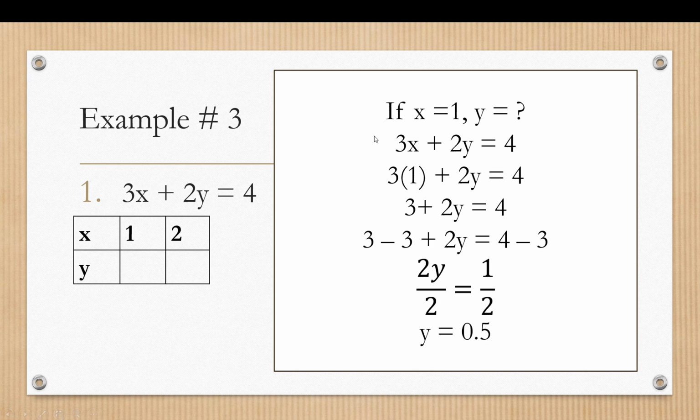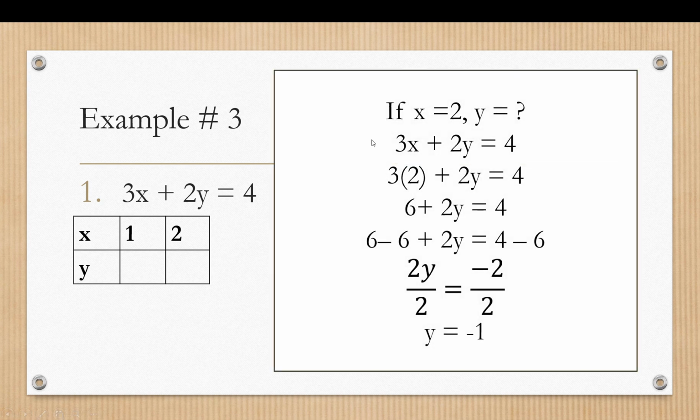Now let's find the other value. What if x = 2? We will have the equation 3 multiplied by 2 plus 2y = 4. 6 + 2y = 4. Now, the same as with 3, we will be transposing 6 to the other side of the equation.